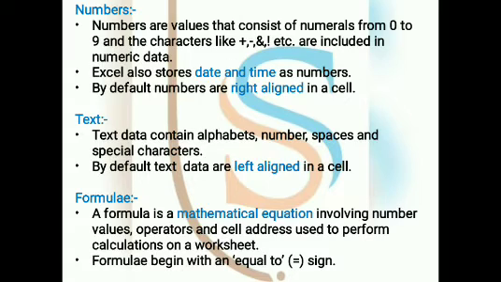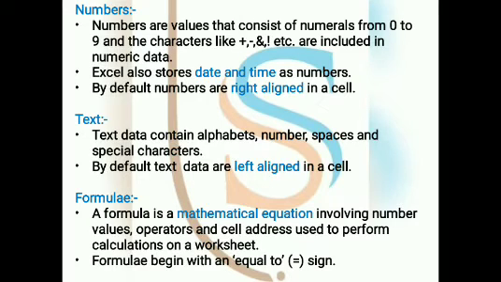These are also included in the numeric data. Excel also stores date and time. Whenever you write date and time, it will also be considered a number in Microsoft Excel. Whenever you write a number or date or time, that will be right aligned. By default, alignment will be right. It means it will display at the right side of the cell.